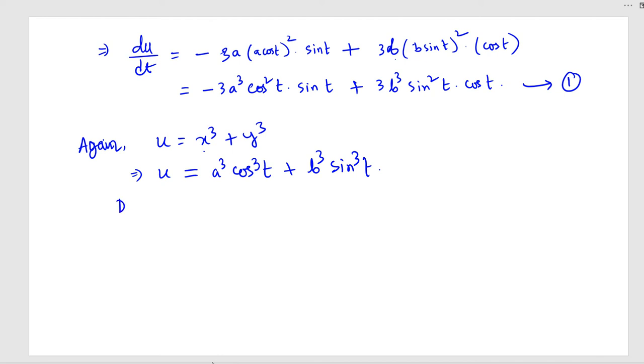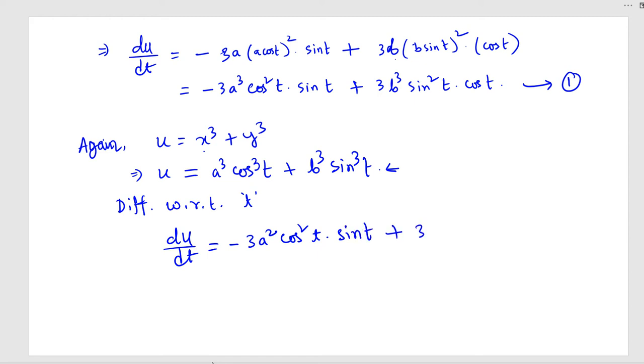So if you differentiate with respect to t, because it is now becoming a one variable case, only t, you get du/dt is minus 3a square cosine square t into, because of the chain rule, sine t, another quantity, 3b cube sine square t, because of the chain rule we will have cosine of t multiplied. Call this one as 2.